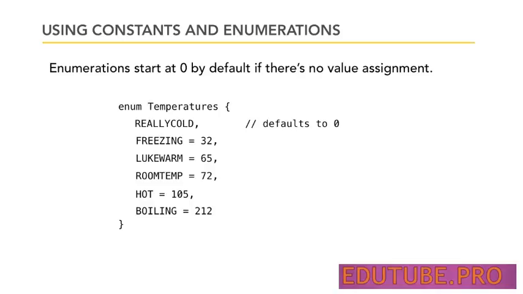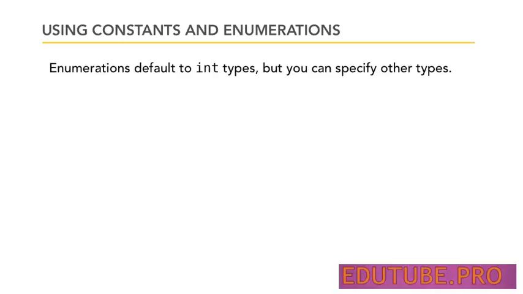If you also don't make a definition after one that's already been defined, then that defaults to one more than whatever the previous definition was. So for example, if we were to put another definition in here right after freezing, which would be, say, just barely above freezing, and we didn't put an equal sign, then it would default to the value of 33 in this case. Now, enumerations by default are integer types, but you can specify other types if you want to.